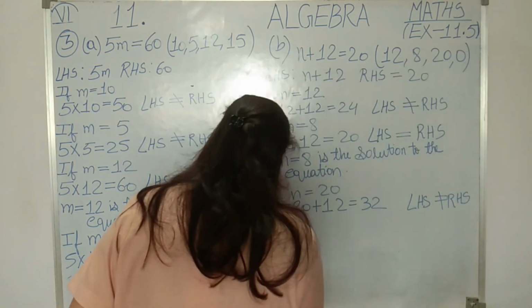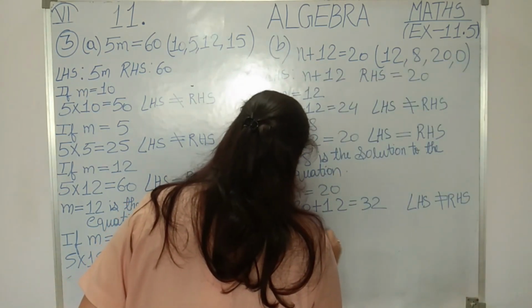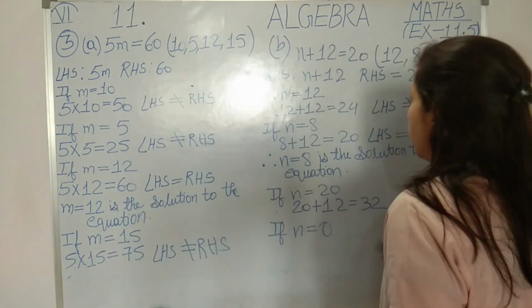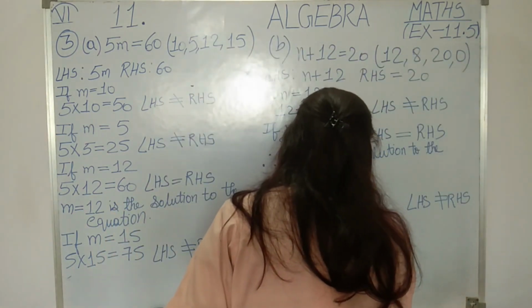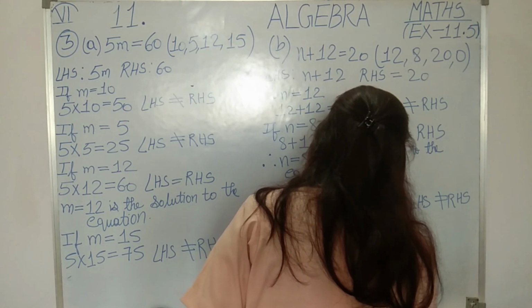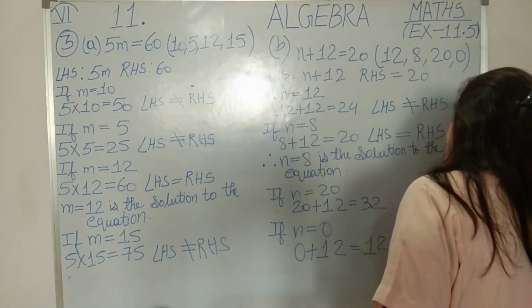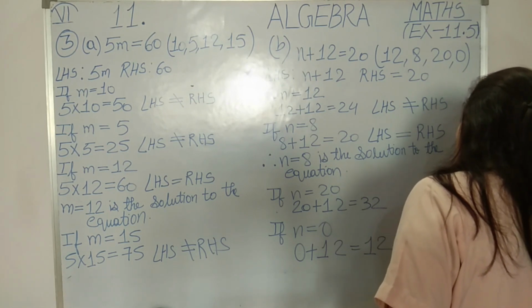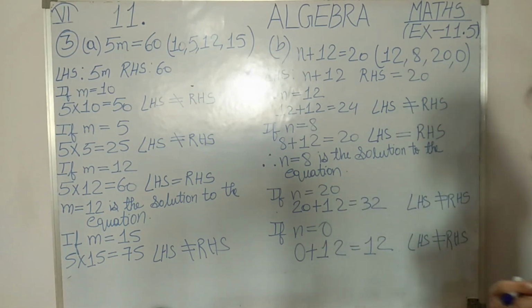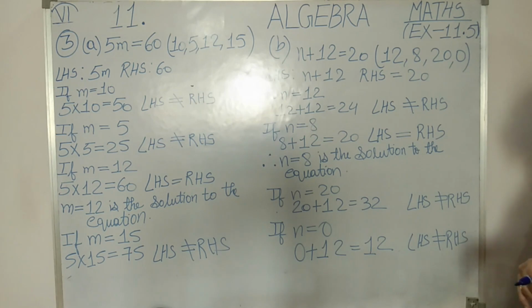Then at last, if n is equal to 0, then 0 plus 12 will give us 12 and not 20. That's why LHS is not equal to RHS. Got it students? With this A and B point we have completed. Note it down, then we'll see rest of the points.